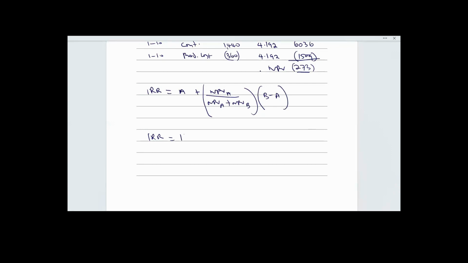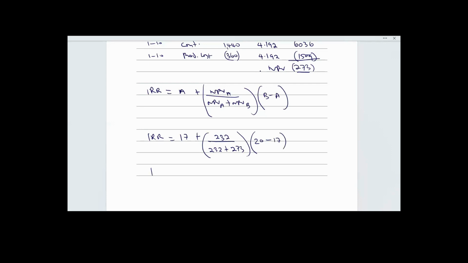So 17% is lower plus NPV of that 17 is 232 divided by 232 plus NPV of higher, which is 273, multiplied by higher of 20 minus lower of 17.